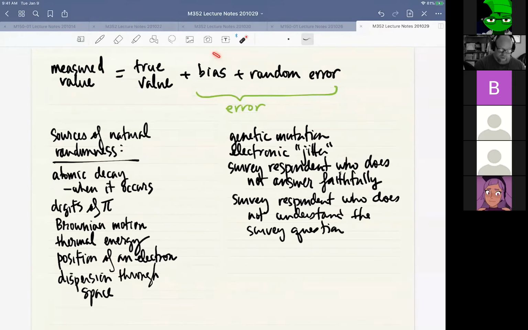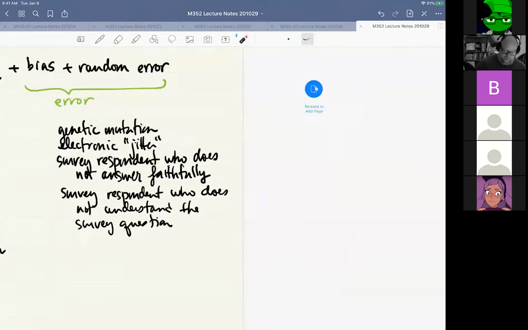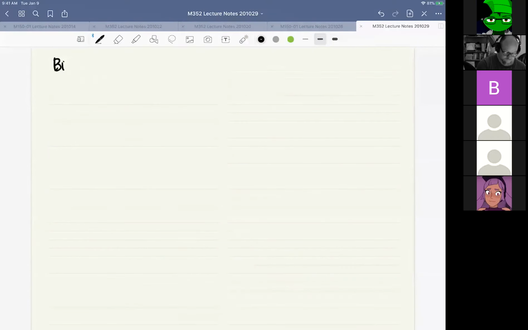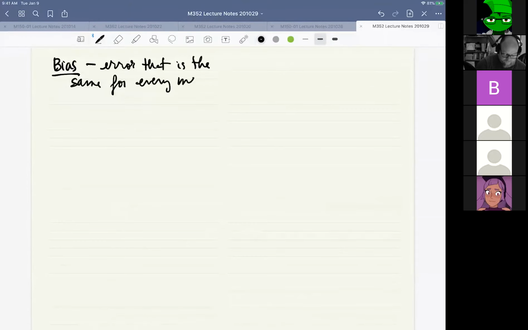All right, let's talk about bias for a second and what types of bias you can have. So bias is error that's the same for every measurement. Okay.